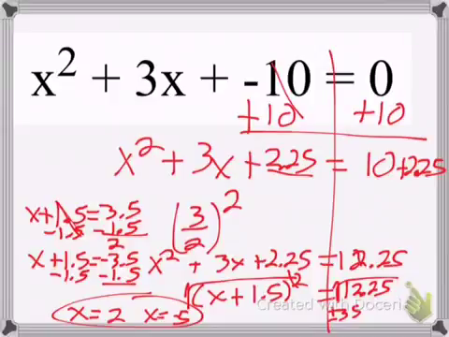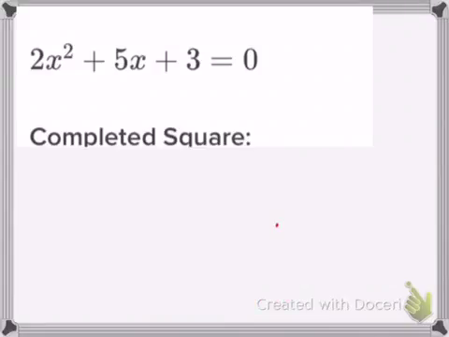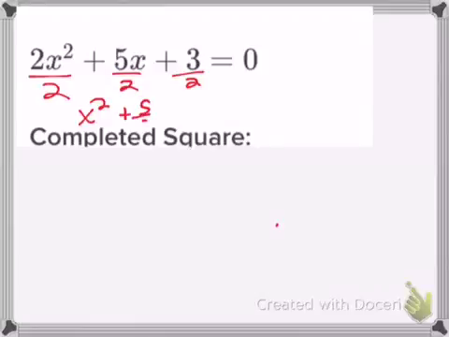Okay, on the next one, to complete the square on this one, we have to divide by the leading coefficient. That ends up giving me x squared plus 5 over 2 x plus 3 over 2.